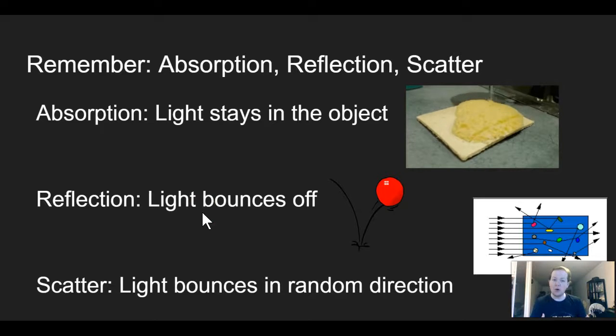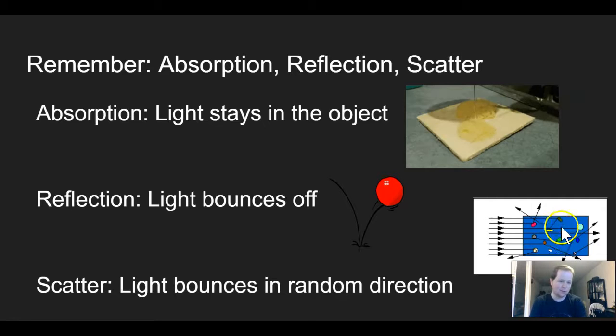Think of a mirror. If you're standing in front of a mirror, muy guapo, the light is reflecting. It's bouncing off. Reflection. And then lastly, we learned about scatter. And we're going to use this word a lot this week. Scatter is when light bounces, but in many random directions.